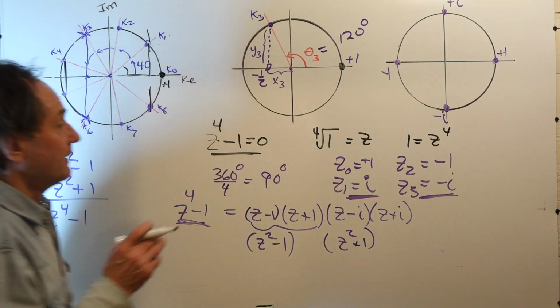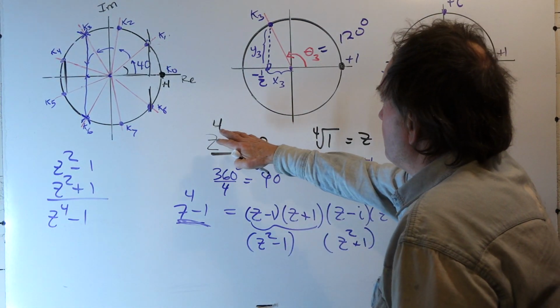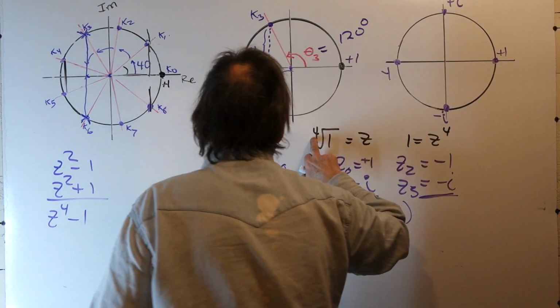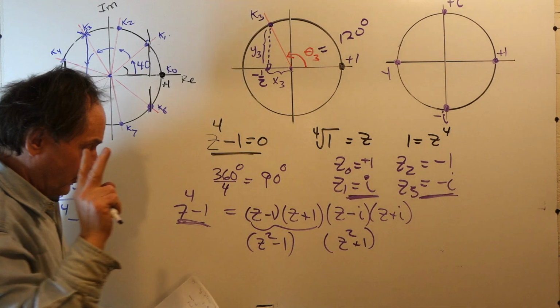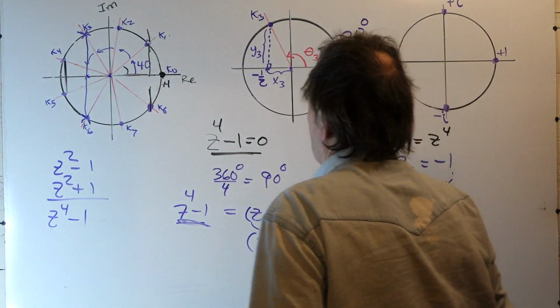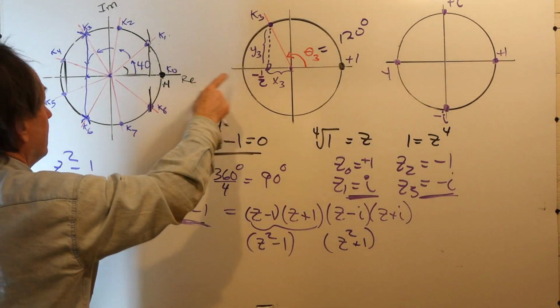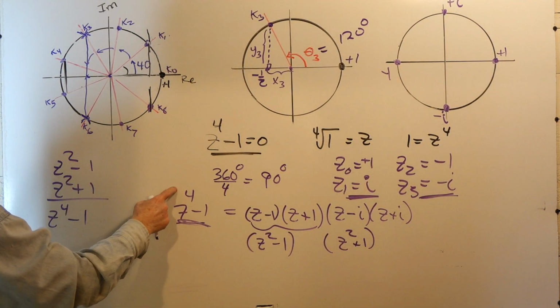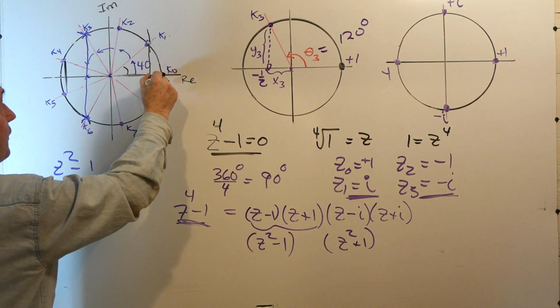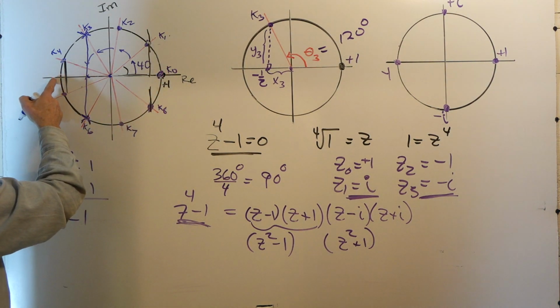Now notice that with an even root that we're trying to take, we end up with two real roots, one at +1 and one at -1. Whereas when the power was odd and we're taking an odd root, we only end up with one real root. We don't get -1.